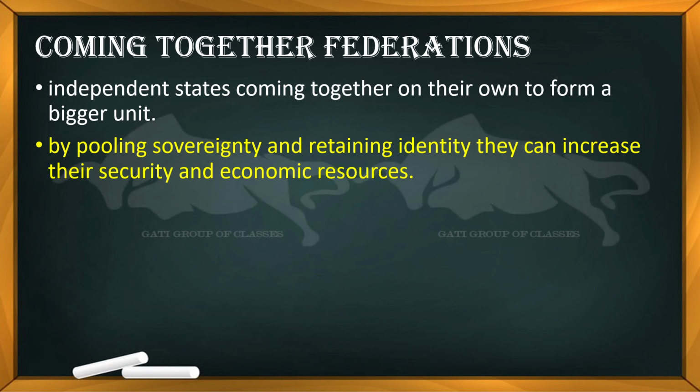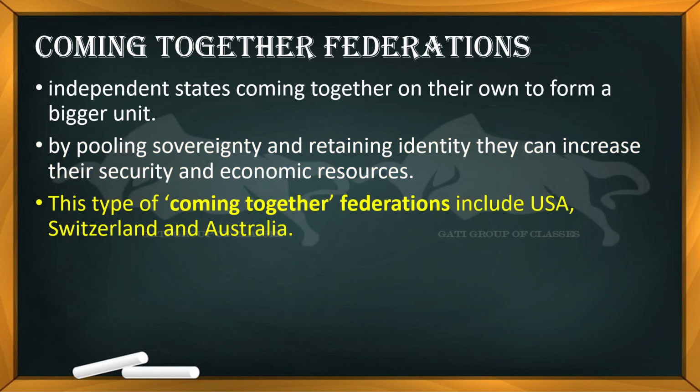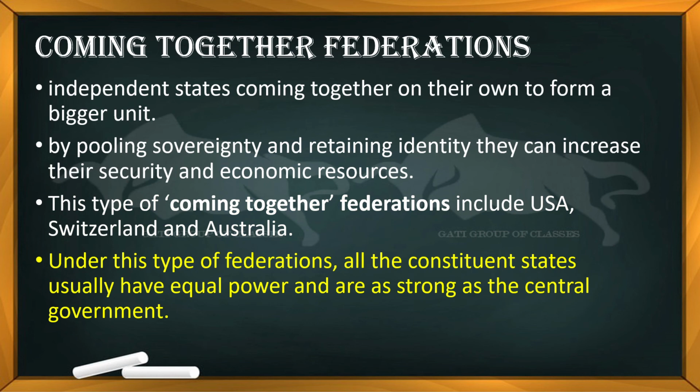That will be very helpful for them. Examples of this type are countries like the USA, Switzerland, and Australia. Under this type of federation, all the constituent states usually have equal powers. It should not be that one state has one power and another has some specific powers.